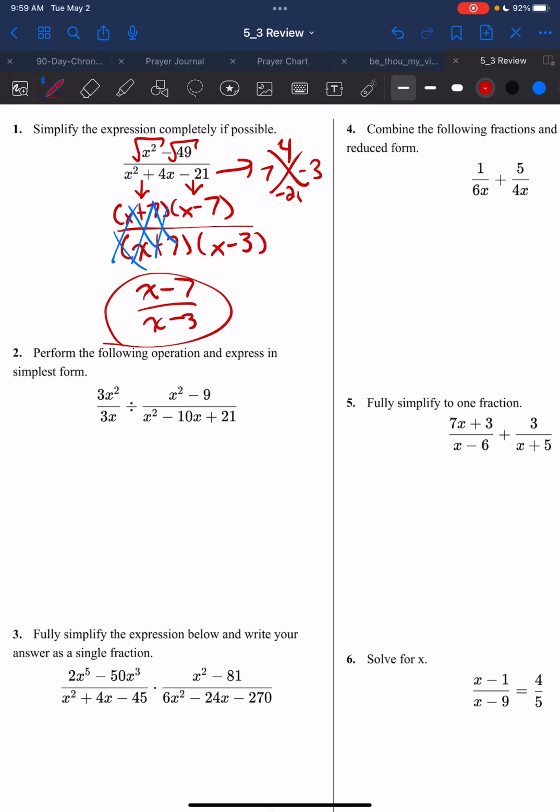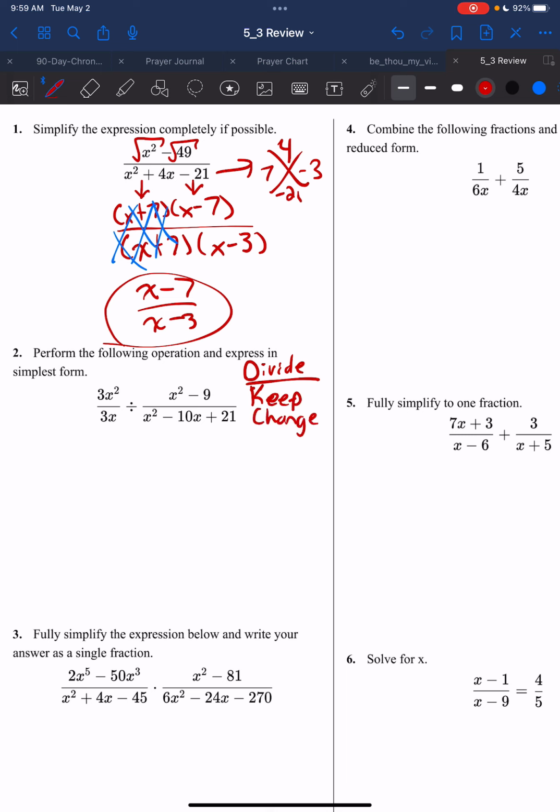This one says just perform the operations, so basically divide, and remember, to divide fractions like this, all you're going to do is flip, or the way that you all have learned it a lot is keep, change, flip.